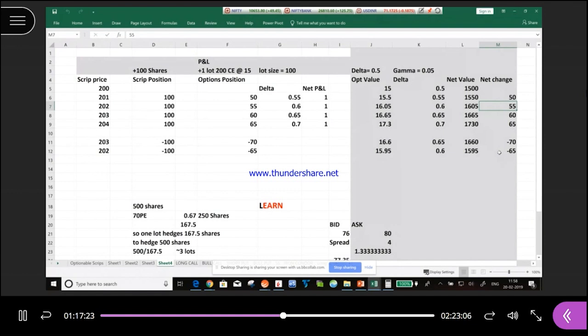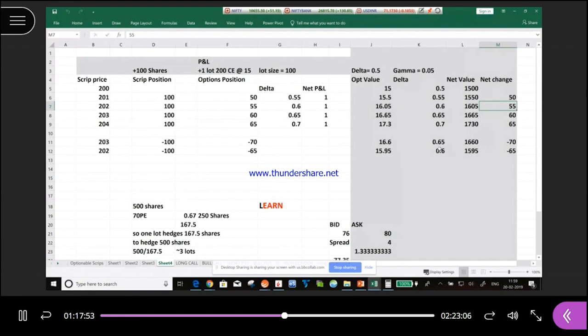Now, gamma will also keep on increasing, Ashish, but for all practical purposes, consider gamma to be the same because it doesn't affect us so much. Gamma value will add at every increase in the underlying price, and at every decrease in underlying price, it will reduce. Yeah, this is just for explanation purposes, Ashish.